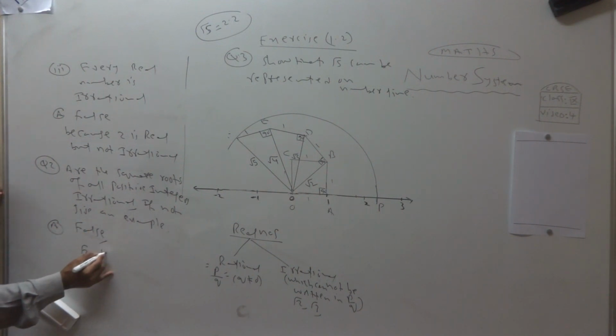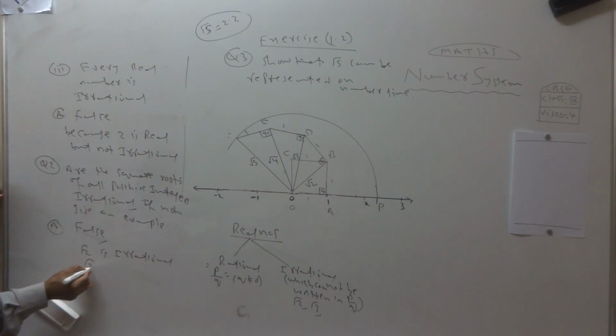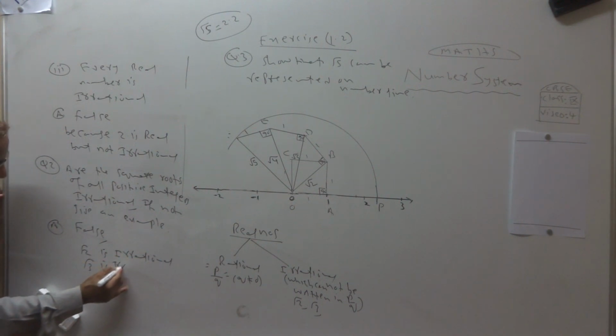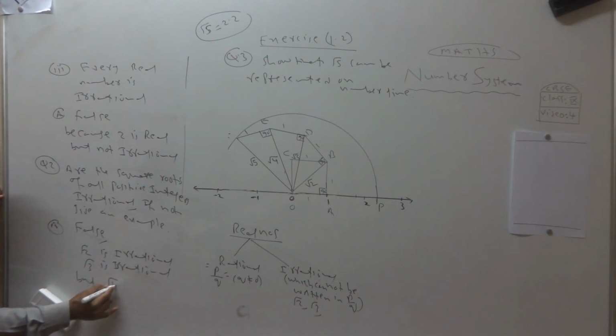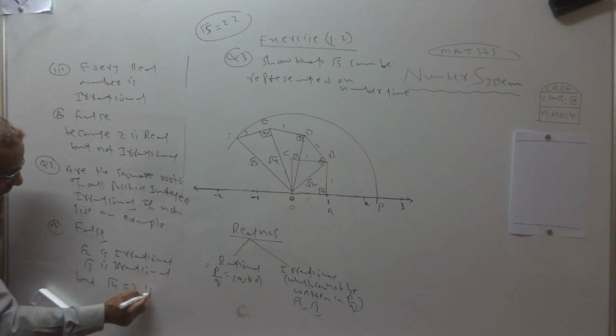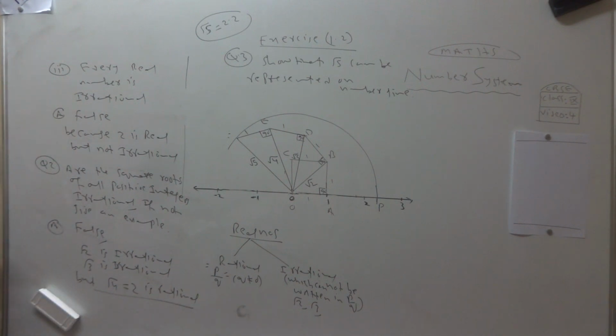Because root 2 is irrational, root 3 is irrational, but root 4 is rational, because root 4 means its value is 2, which is rational. So every root number is not irrational.